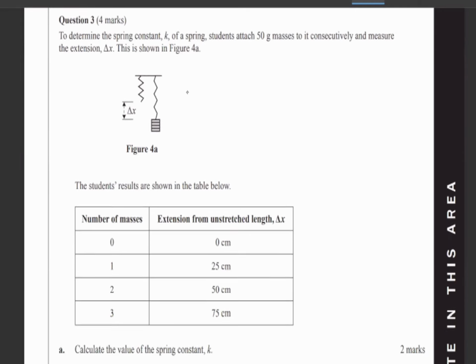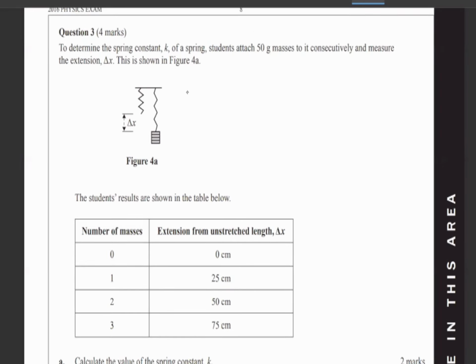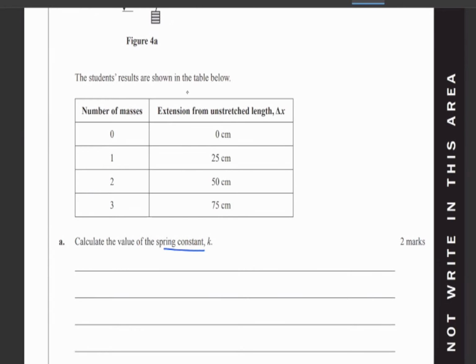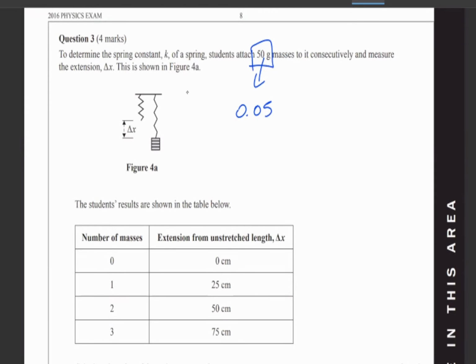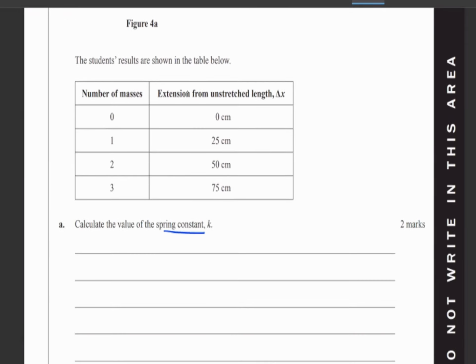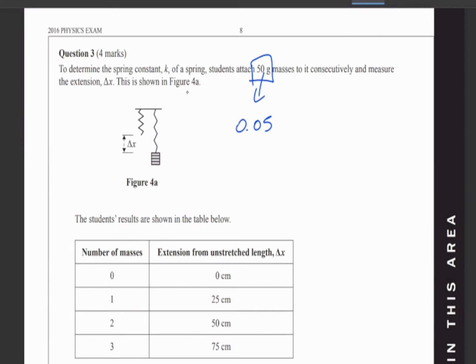So now we're looking at a spring with a mass of 50 grams, but we always need it in kilograms, so 0.05. We don't know the constant, so we need to find the constant. So F equals K times change in X, then K equals F over change in X. The spring force is going to equal the weight force.